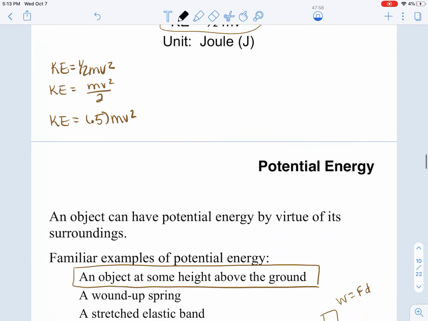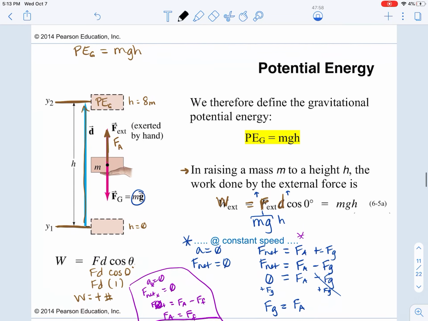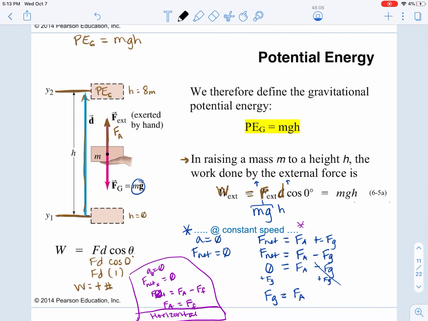If we look at the example of my object that was lifted here, this object gained potential energy because work was performed on the object in order to raise it to some new vertical position. So the work that was performed physically by this person then transferred their energy into the box so that the box now has stored up potential energy at its new height.